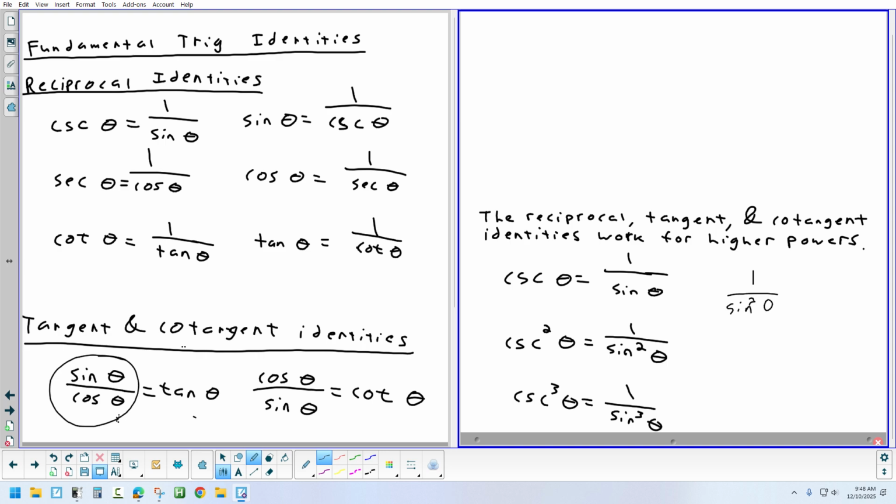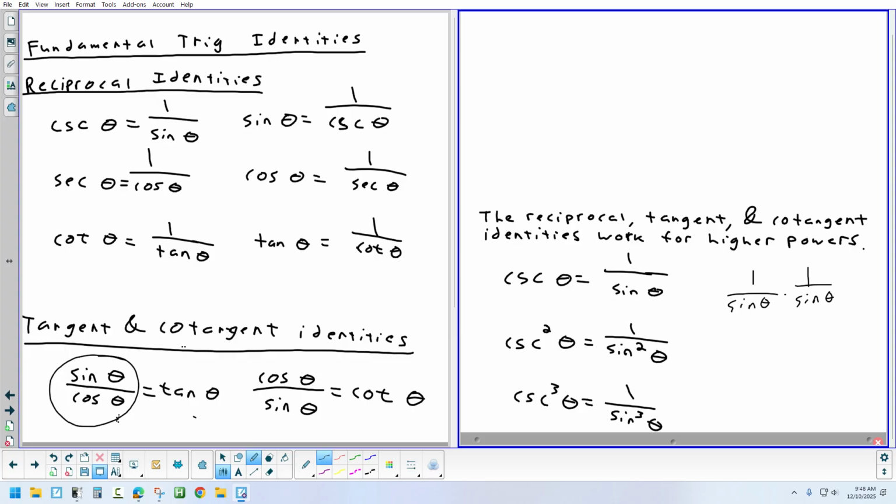Think about what sine squared means. It means sine times sine. 1 over sine times 1 over sine. That's sine squared if you multiply it together. 1 times 1 in the top, sine times sine in the bottom.